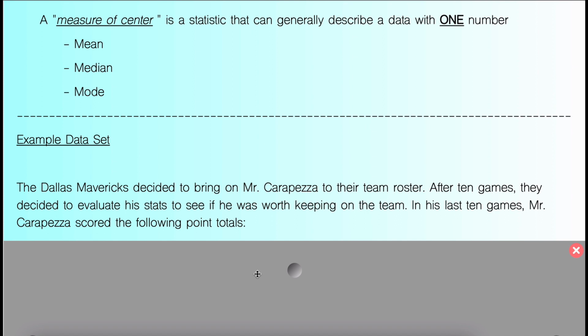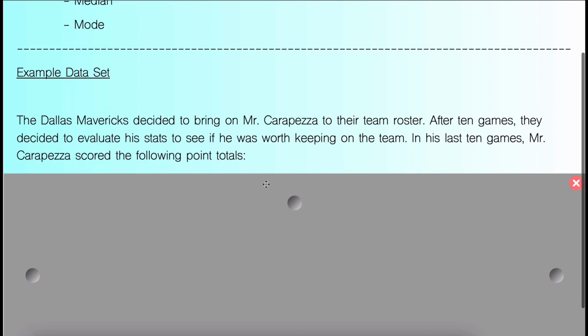So I'm going to use this example to go over what mean is. It says the Dallas Mavericks decided to bring me on to their team roster. And after 10 games, they decided to evaluate my statistics to see if I was worth keeping on the team.